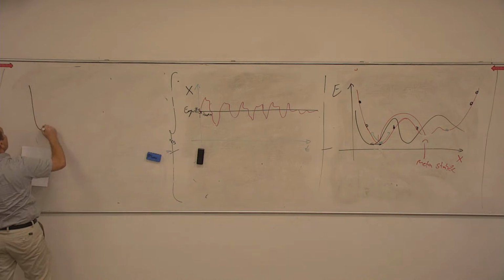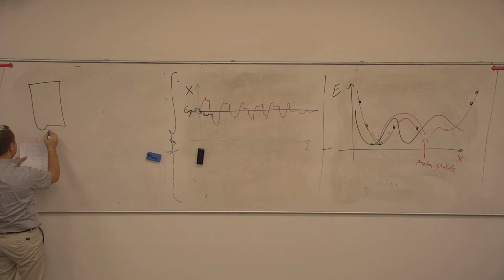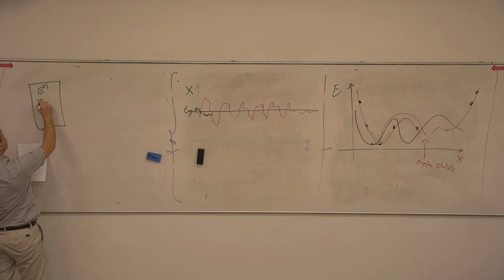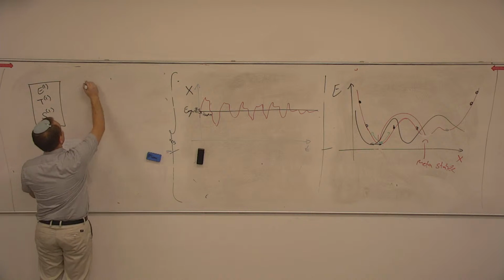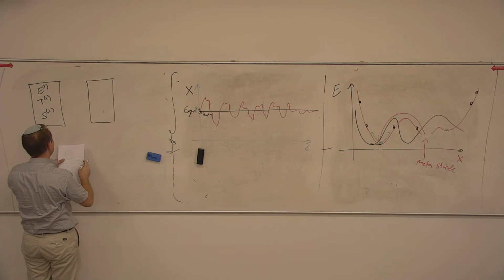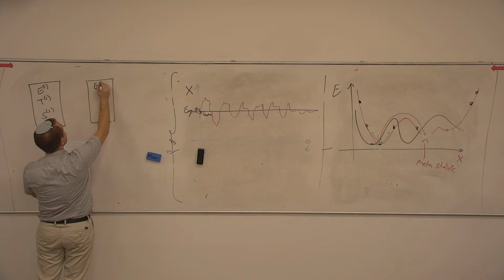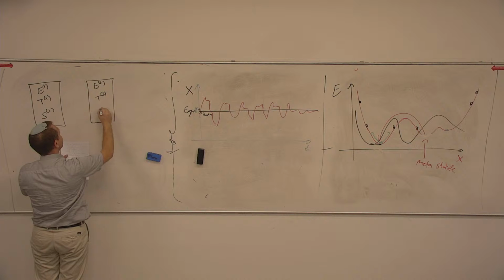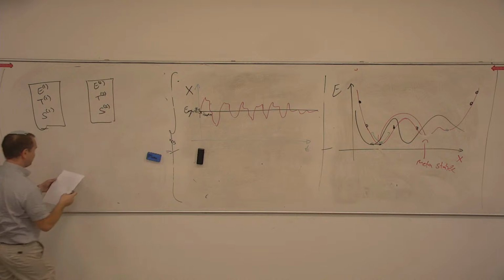Okay, so we have a system with energy 1, T1, and entropy 1. And we have a system of energy 2, temperature 2, and entropy 2.